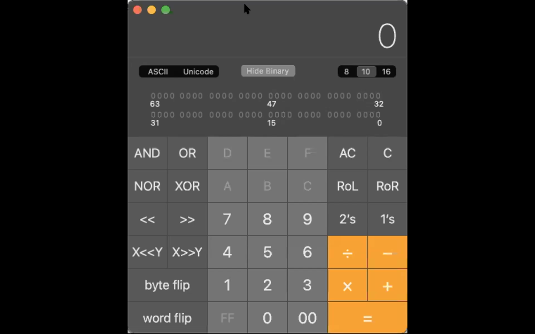Yeah, this is Apple Calculator. You can do this? I've never seen this. This is cool. Here are your bit operations: ANDs and ORs, NORs, XORs, bit shifting by a certain number of bits, dealing with endianness. And you can do that in hexadecimal or decimal or octal.